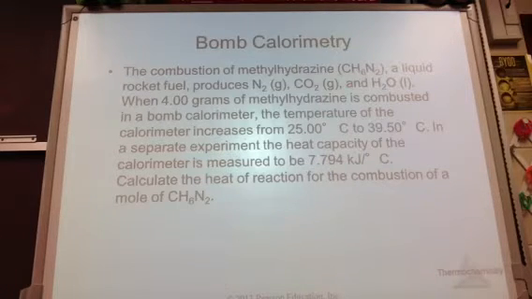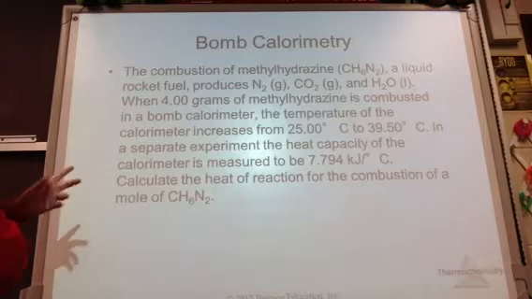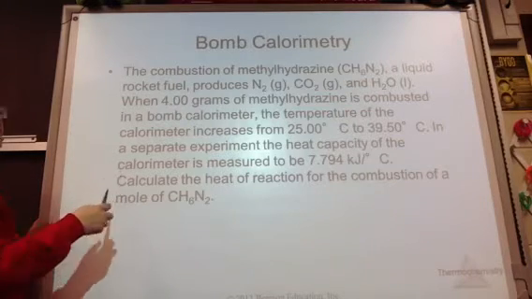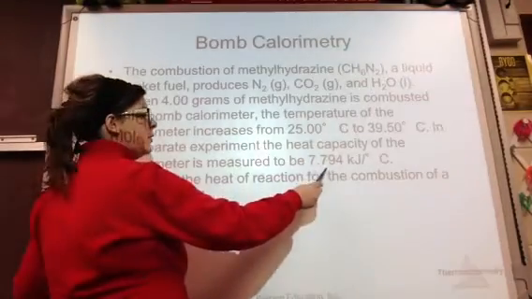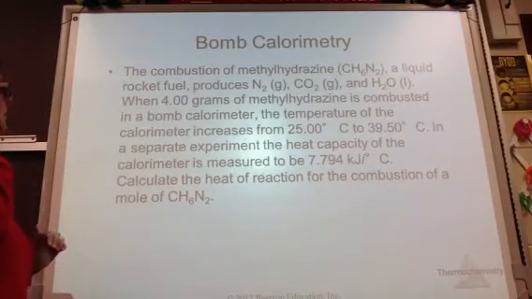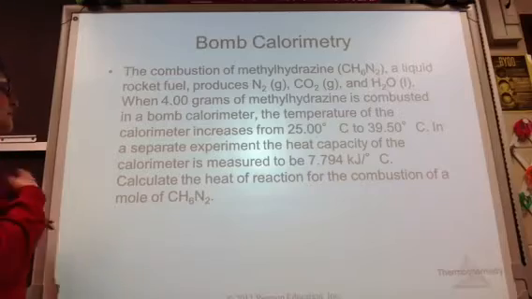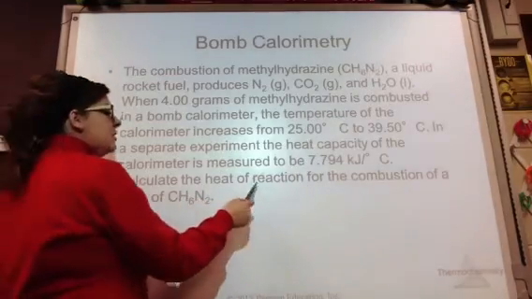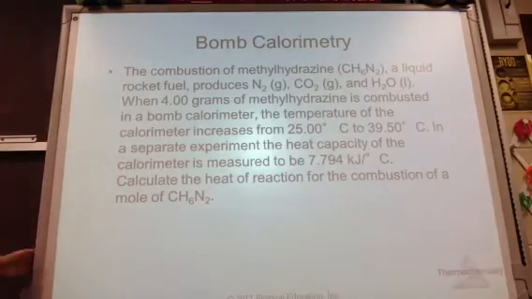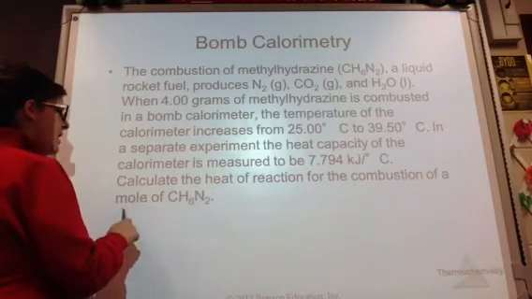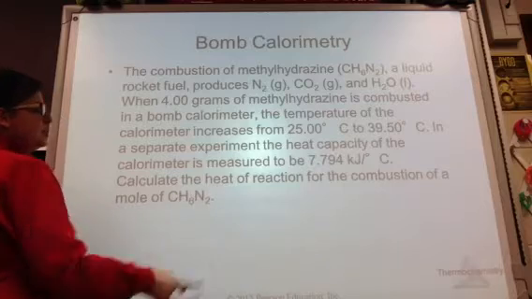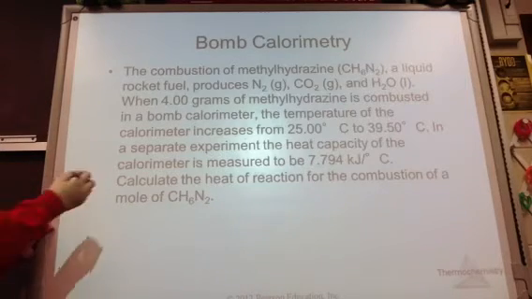In a separate experiment, we found that the heat capacity for the calorimeter, Ccal, is 7.794 kilojoules per degree Celsius. I want us to calculate the heat of reaction, so I want to find delta H for the combustion of a mole of CH6N2, or methylhydrazine.